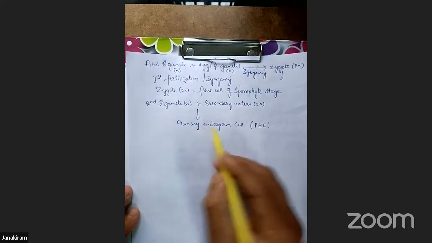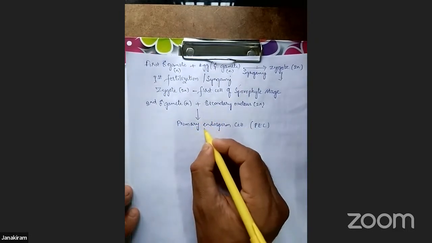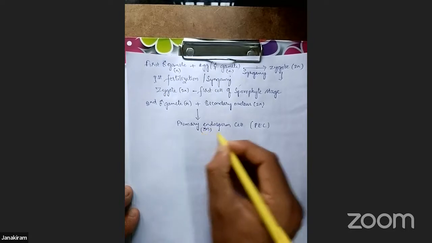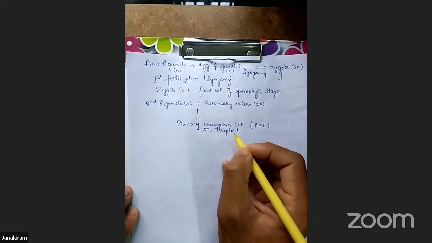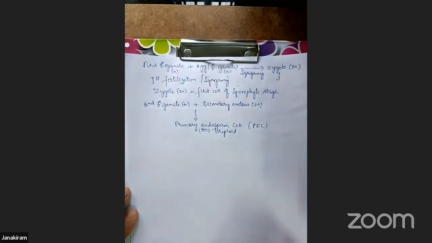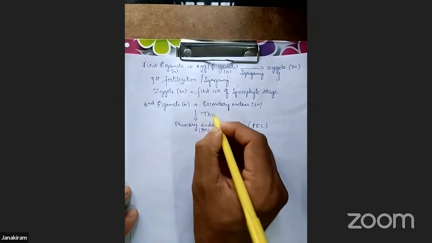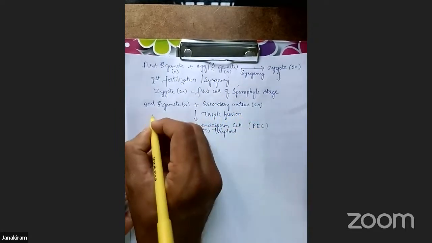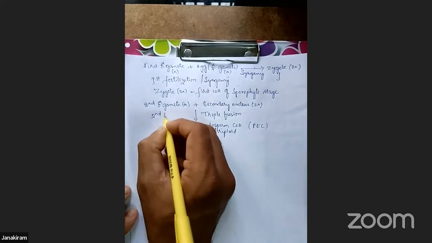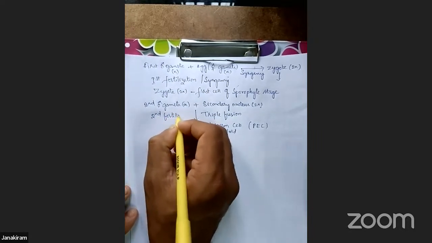So the primary endosperm nucleus formed here is a triploid structure. As 3 sets of chromosomes are fused, we call this process triple fusion, or otherwise the second fertilization process.